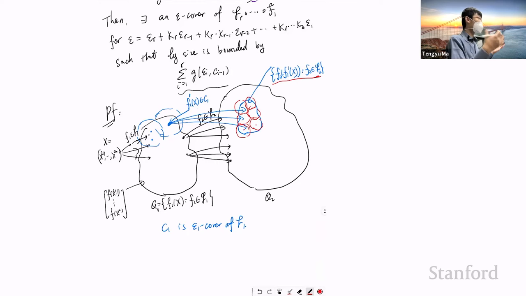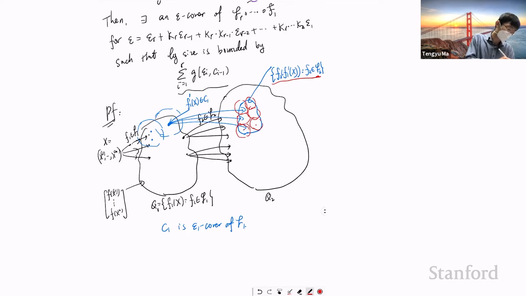If you want to choose a cover for it, you just say, I'm going to drop some of them. I choose a subset, a discretization of capital F2. So that's basically the approach. And you do this for every possible point in C1 and cover them.